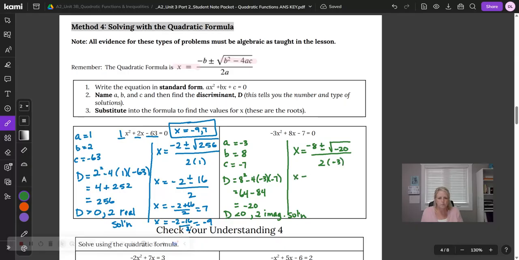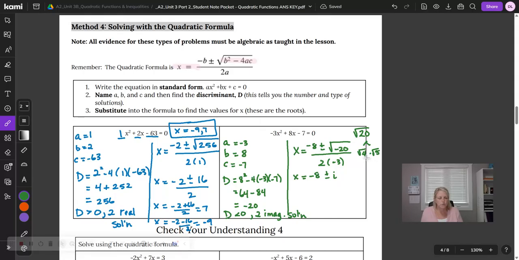Now we can start doing some simplifying. So I have -8 plus or minus, okay, I'm going to factor out the negative inside the square root to give me an i. And then I have the square root of 20. The square root of 20, remember we're looking for square roots that can multiply to that. So this would be the square root of 4 times the square root of 5.